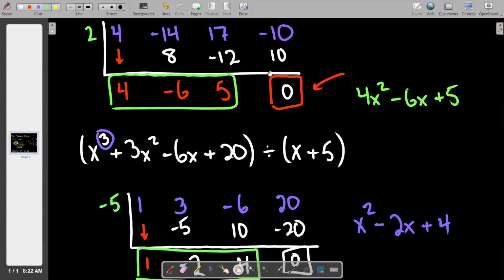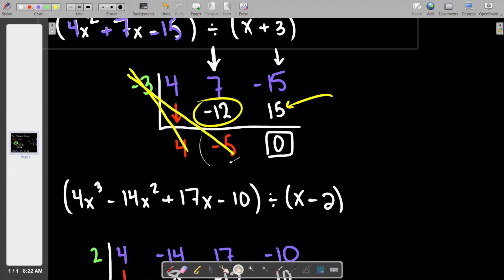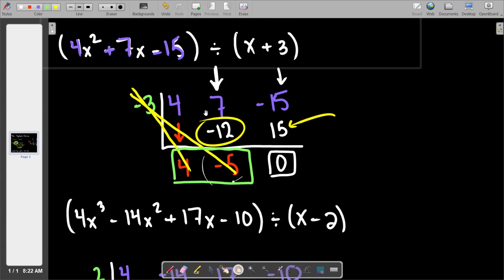And there's probably another one yet again above that. Look at that. So in this one in the green box, my numbers are 4 and 5. What will my quotient be this time? Just 4x. Very good. And up here, look for the yellow circle that I'm drawing right now. Do you see it? It used to be x to the power of 2. So my quotient is going to be x to the 1 less than that.